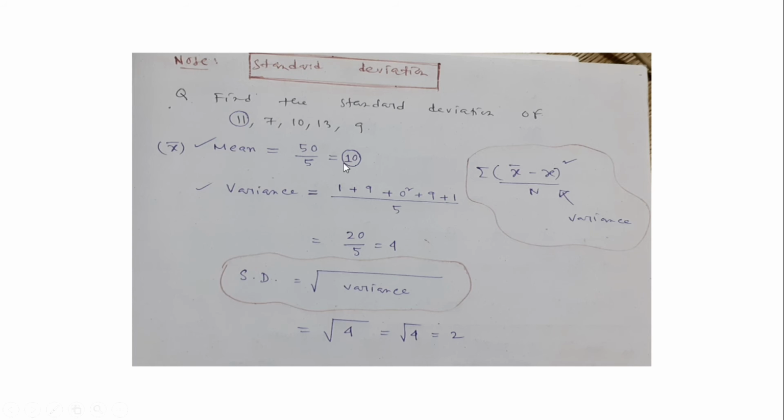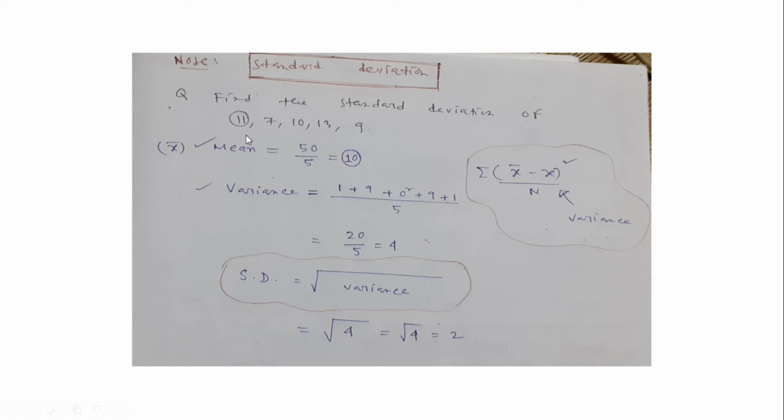So here standard deviation is the topic, and first of all we should know the variance, because standard deviation is the root over variance. So we should know how to calculate variance. To calculate variance, we first have to calculate the mean value.